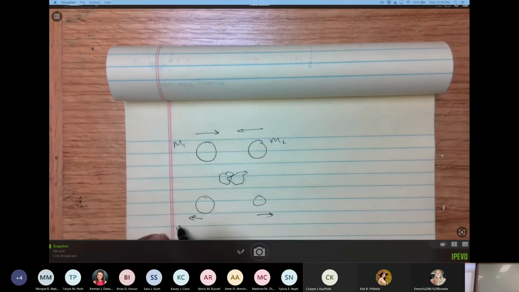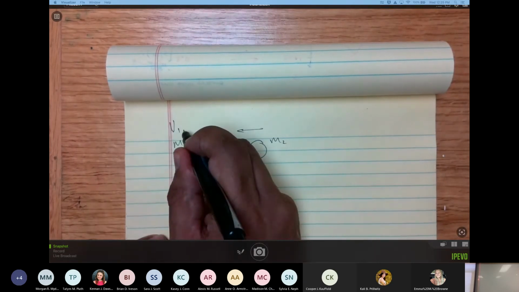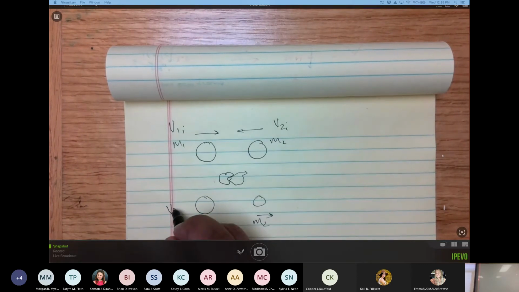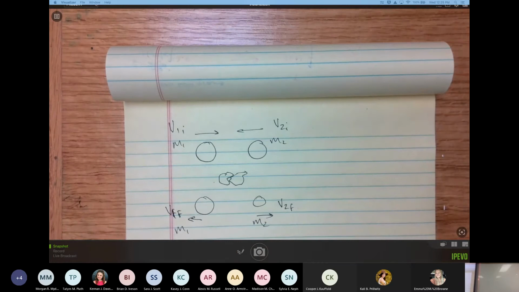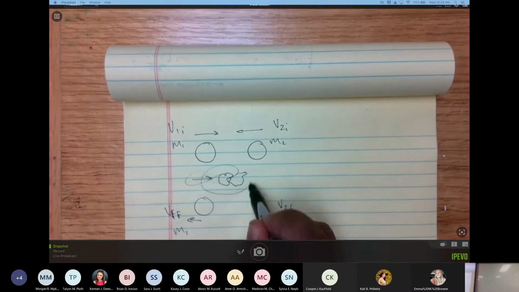And you're gonna have an initial velocity here, and you're gonna have a final velocity. So what's happening at that collision is really hard to measure.